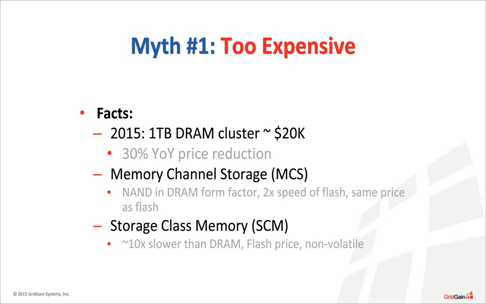We also have new types of memory coming up that try to play on a different ratio of speed and price. There are memory channel systems, there's storage class RAM, there's non-volatile memory that Intel just came out with, the 3D XPoint architecture. What we're going to be seeing in the future, sometimes by the end of next quarter, sometimes in a year, sometimes in 2 or 3 years, is a proliferation of different types of RAM.